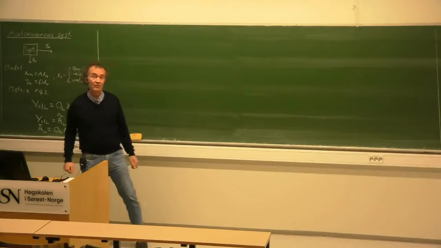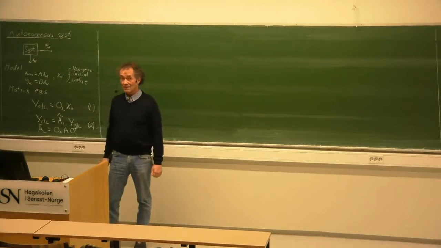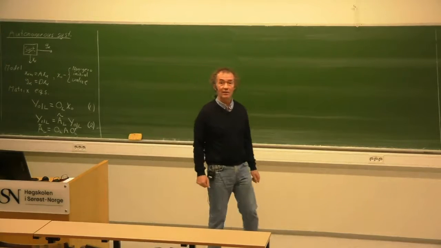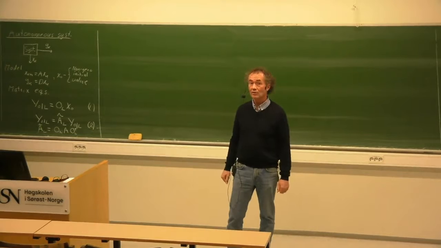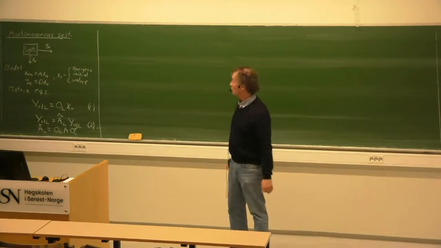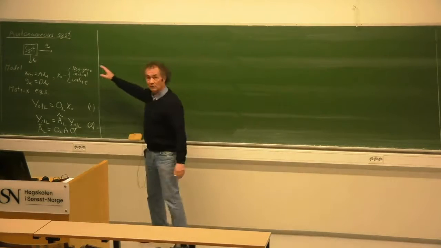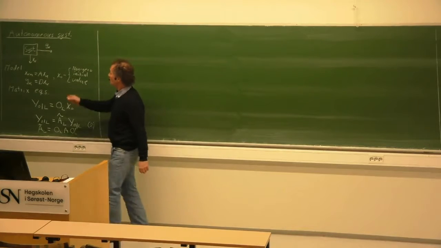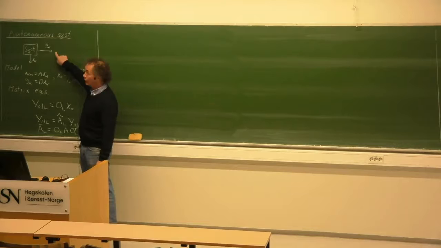Hello students, welcome to this introduction to system identification, or subspace system identification, of deterministic systems. That is, systems where we also have known inputs in a vector u influencing the output. Here I have started with an autonomous system, that is, a system with only outputs.